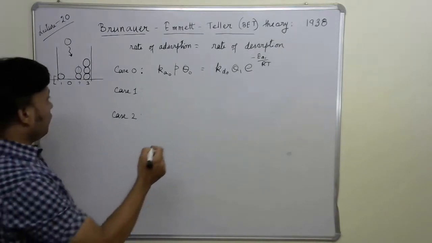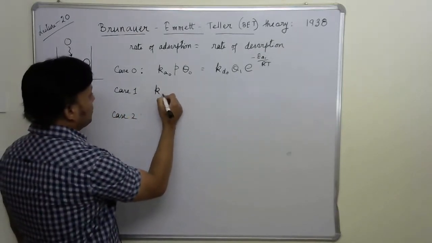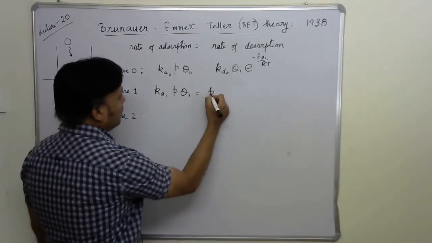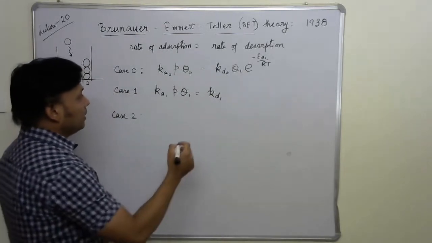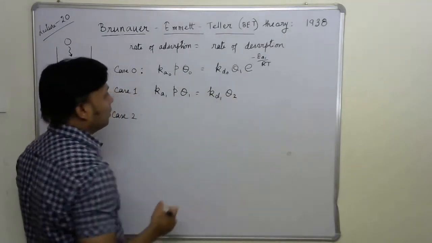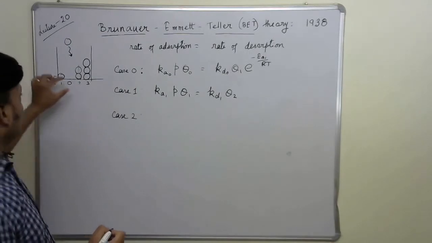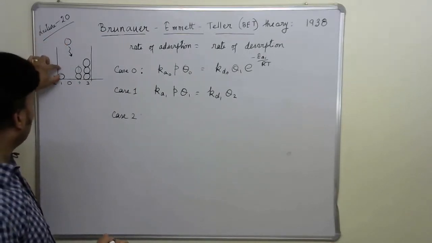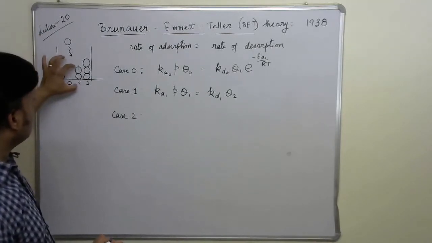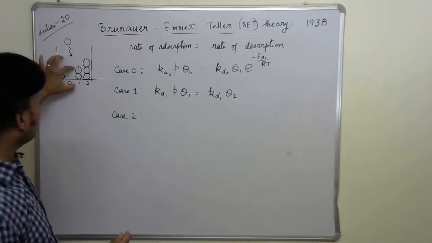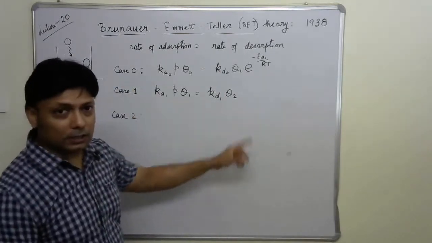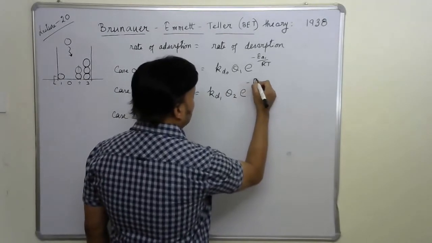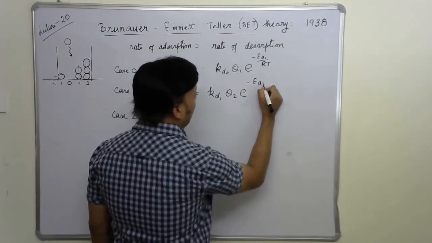So similarly for case 1, that will be replaced by Ka1 P theta 1 is equal to Kd1. Now it should be theta 2, because one molecule is coming to sit on another molecule. So after adsorption, we have the bilayer, so the fraction that is occupied by two molecules, that's why it is theta 2, multiplied by e to the power minus, now this would be EAL.